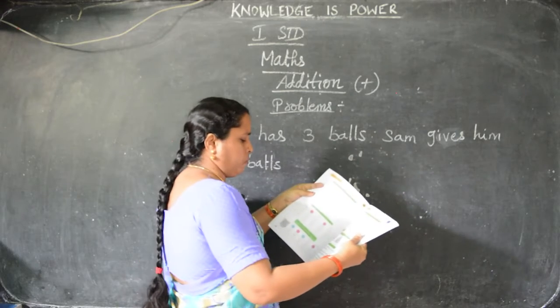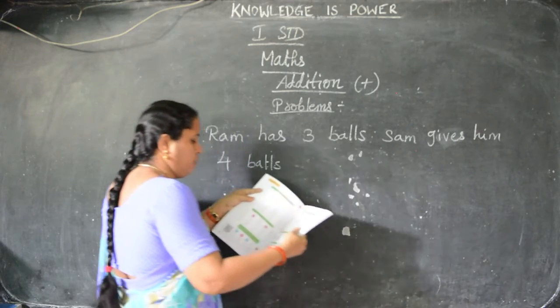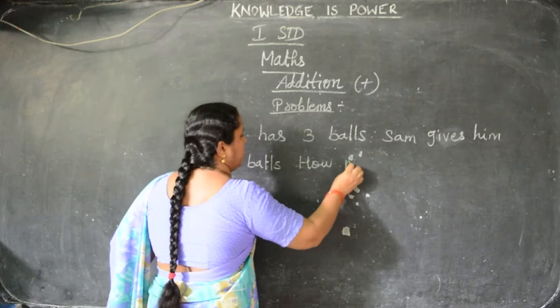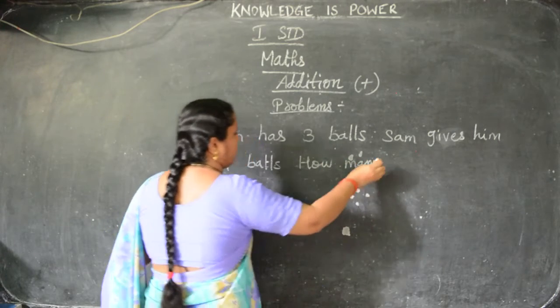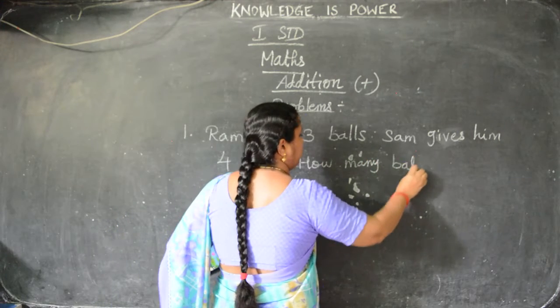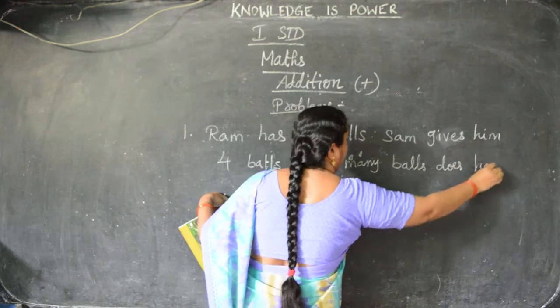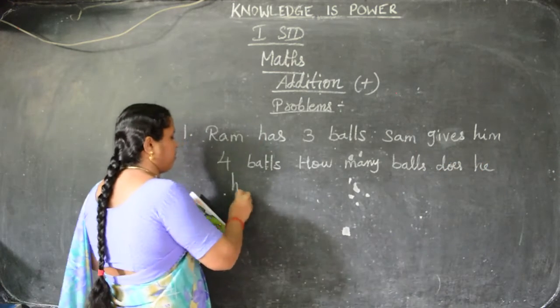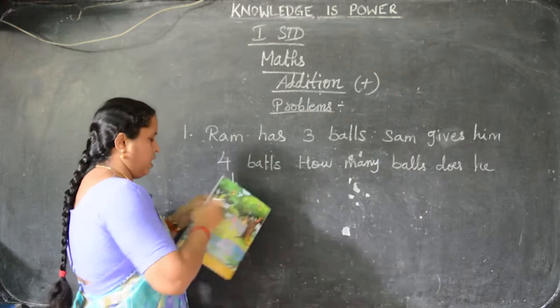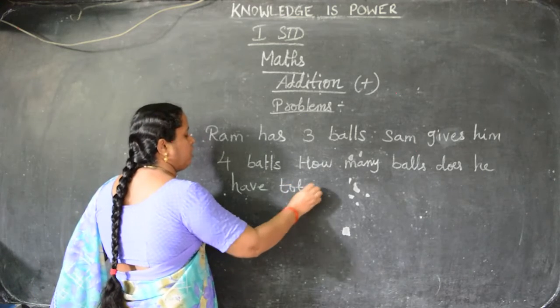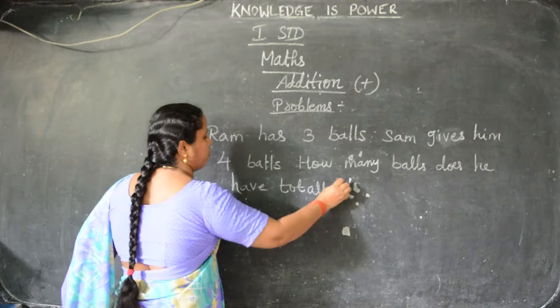How many balls does he have in total? Totally how many balls does he have?